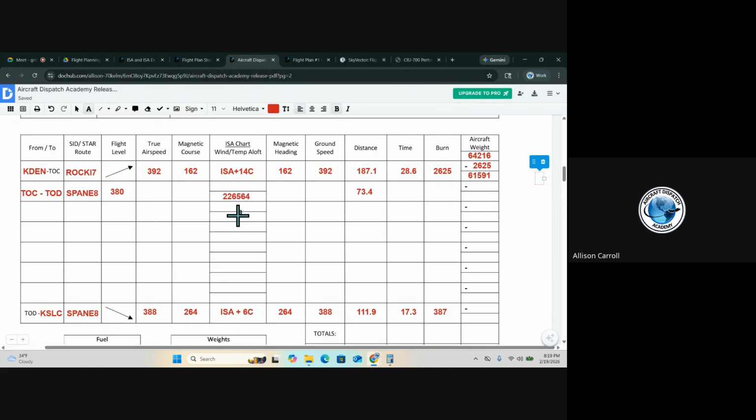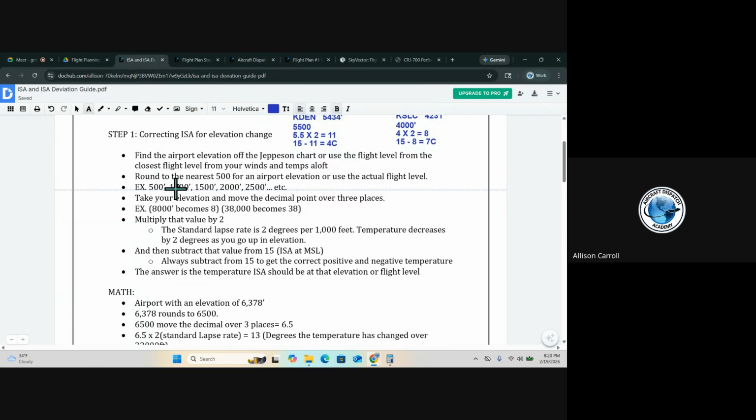Okay. Now I need to figure out ISA and ISA deviation. I just figured out where my winds and temps aloft are for this specific segment, and now I need to do ISA and ISA deviation for it. So ISA, all right, the flight level closest to your winds and temps aloft.